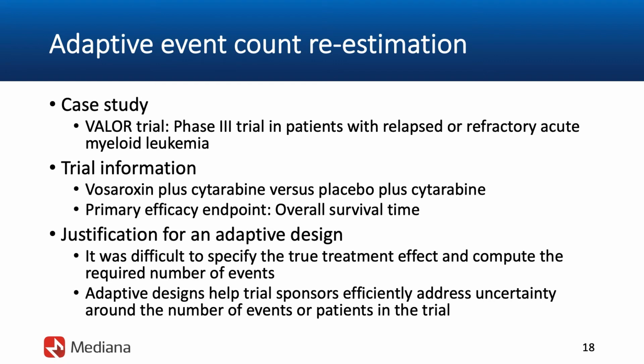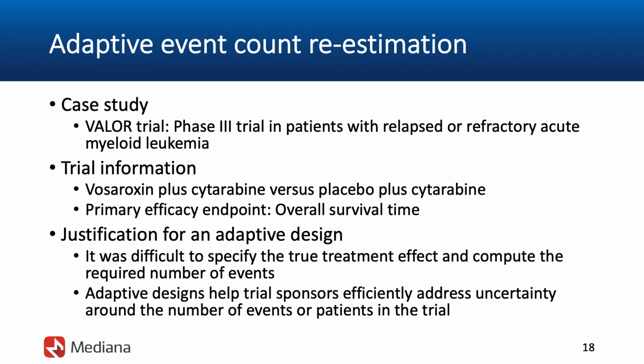This approach to designing adaptive trials will be illustrated using the VALOR trial. It is a great example of a successful application of general principles of data-driven adaptation. It would be helpful to begin with some background information. The VALOR trial was conducted a few years ago, about 10 years ago.